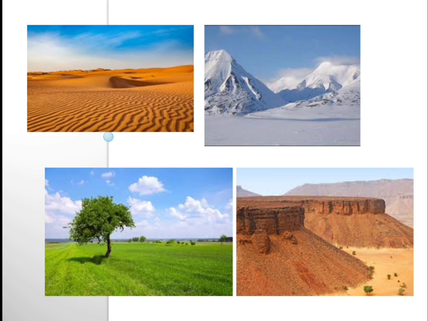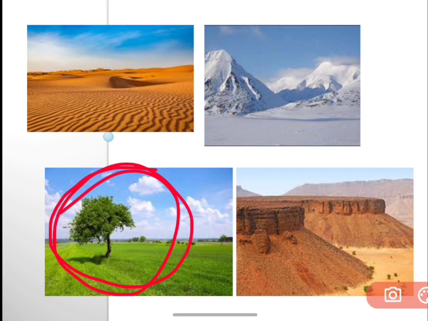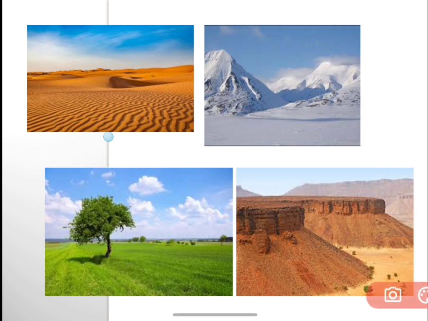Okay, now turn your page to 114, children. There you have plains. So this is your plain. And how is it described? It is described as a low flat land. Hills and mountains are a little up, isn't it?